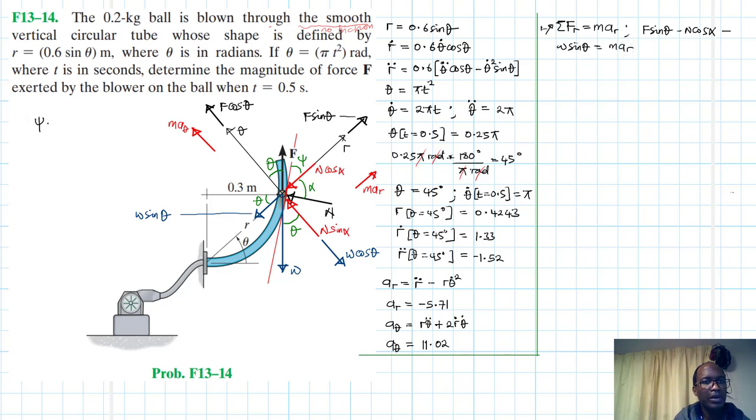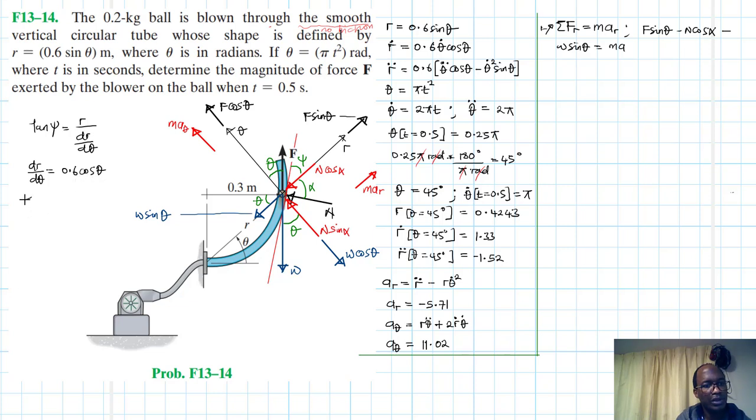Let's find what psi is. So this one we know that tan psi is just equal to r over dr by d theta. Okay, and then our dr by d theta is just equal to 0.6 cos theta.